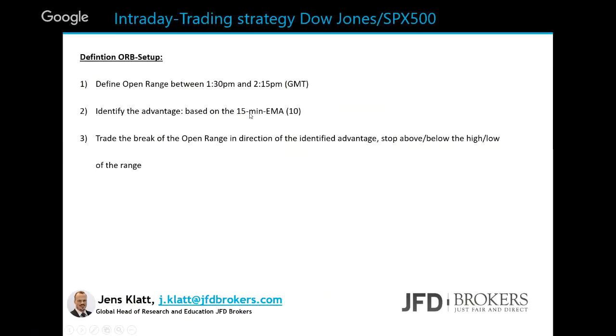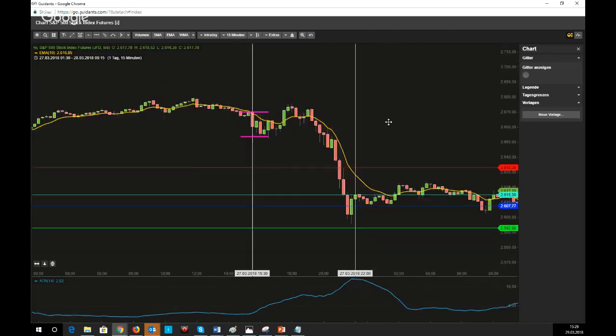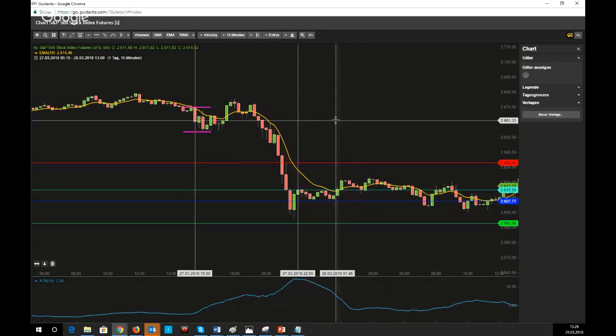We were trading below the 50-minute exponential moving average, and we placed the stop above the high of the range. And in this context, you can see that this stop is triggered, only to see the market collapsing on the downside shortly after with the drop in technology stocks in the Nasdaq.